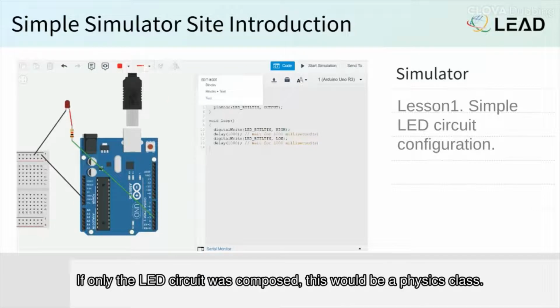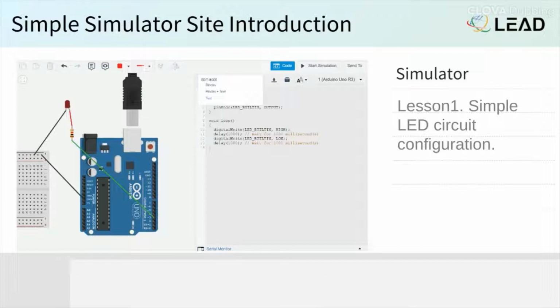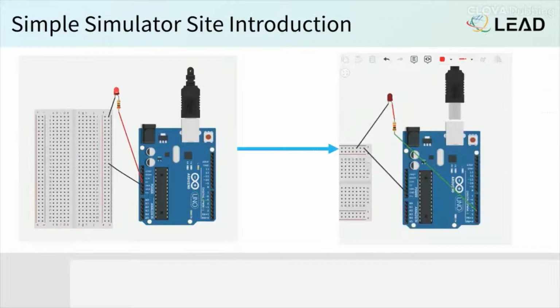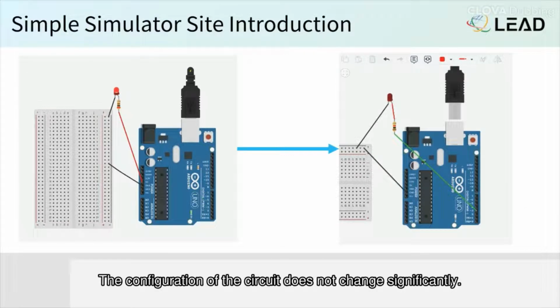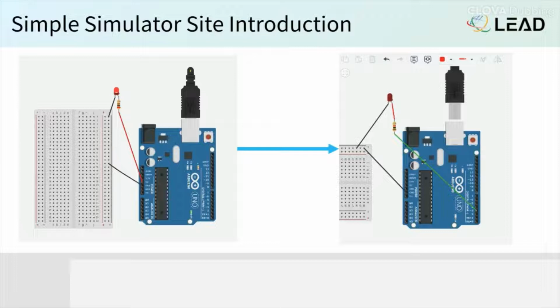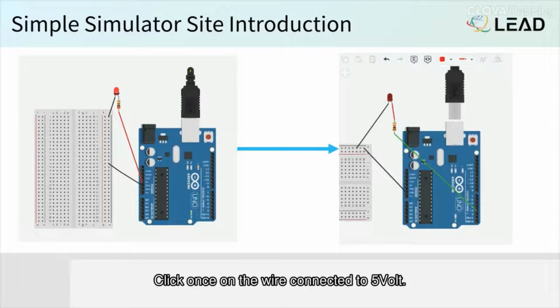If only the LED circuit was composed, this would be a physics class. We will write code to control the LED. The configuration of the circuit does not change significantly. Click once on the wire connected to 5 volt.